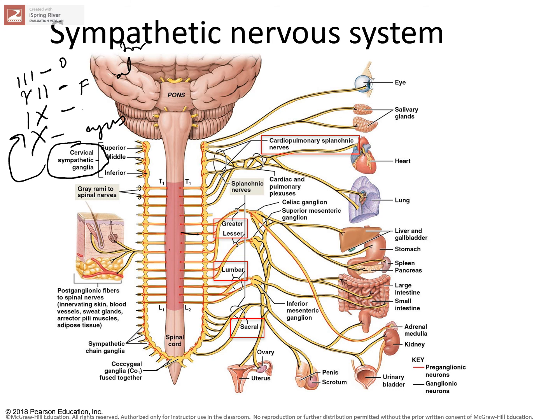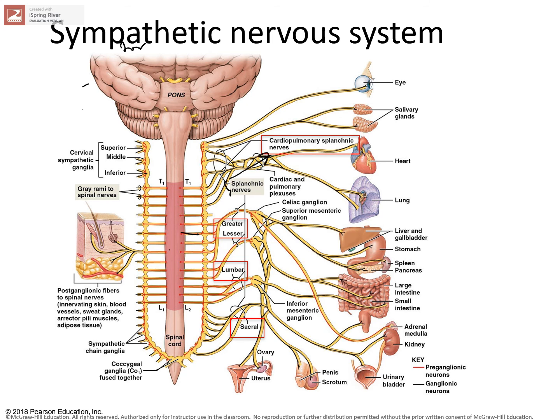Okay, and then we need to look at the splanchnic nerves. There are 4 important groups of splanchnic nerves. The first one is the cardiopulmonary splanchnic nerve.